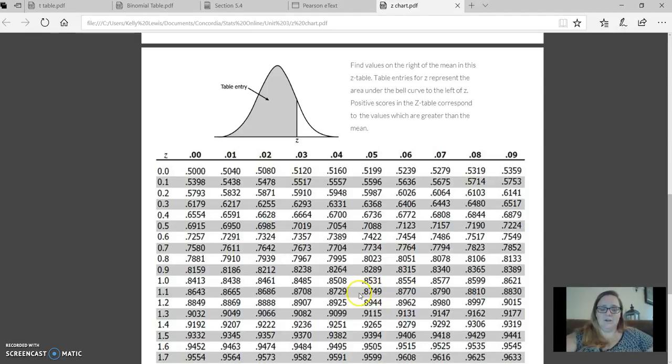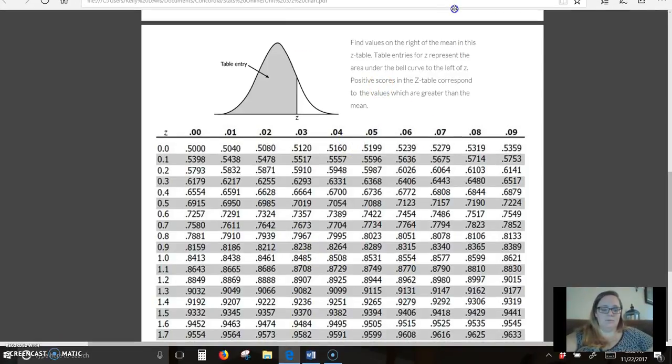And so a z-score of 1.15 corresponds to 0.8749 decimal, which means it's 87.49% likely to happen. All right, it'll make, in my opinion, a lot more sense once we do some problems.